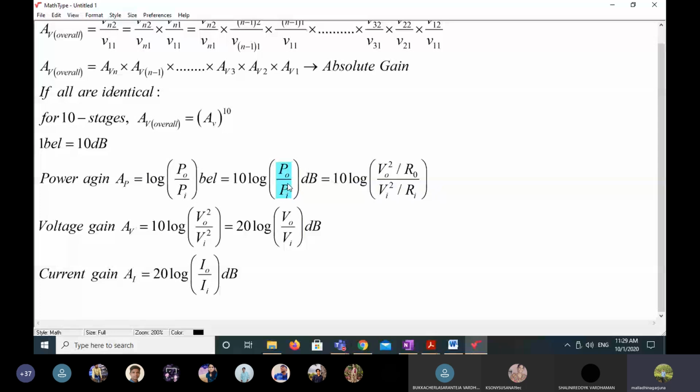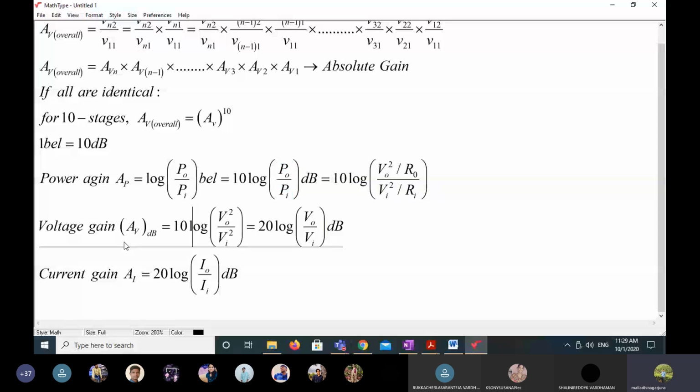So finally I can write AV in terms of decibel equal to 20 log of AV, where AV is the absolute gain, that is output voltage by input voltage, and here AV dB is nothing but the decibel gain.